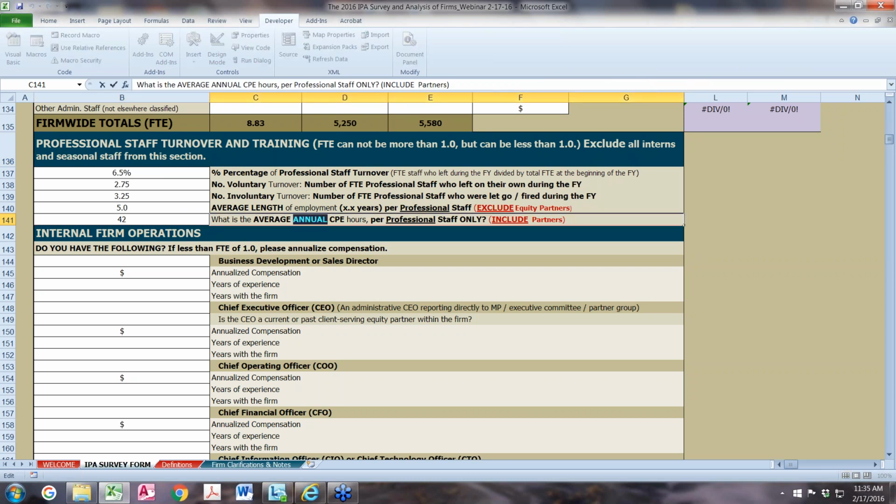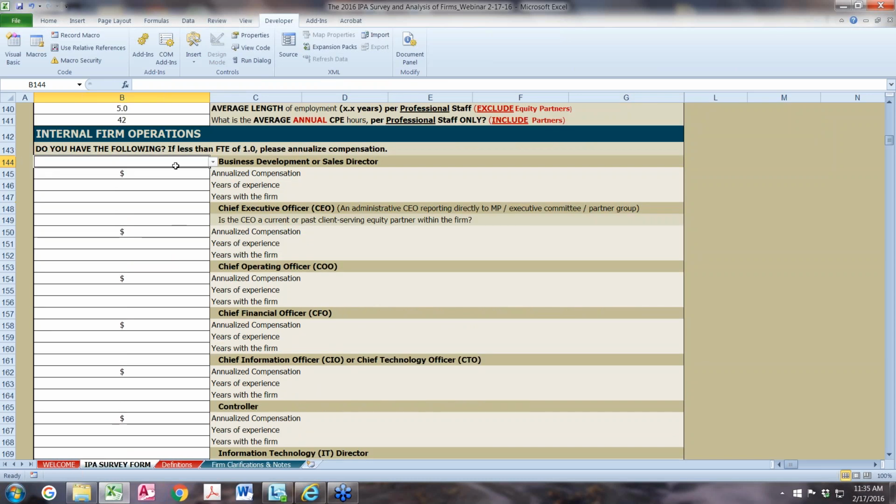In this next section, internal firm operations, this section identifies the professional management and administrative positions within the firm. Please notice that we've expanded the drop-down menus this year to get a more accurate picture of who is serving in this role. The options now are that yes, you have someone in that role full-time who is not a client-serving partner.